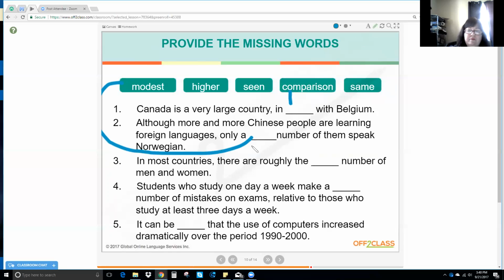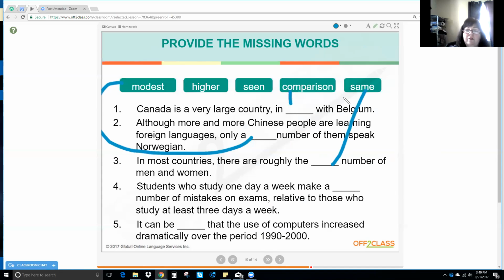Only a minor number, a little number. And then we have, in most countries, there are roughly the blank number of men and women. I think the answer there is same. So we could say in most countries there are roughly an identical number or an equivalent number or a similar number of men and women.